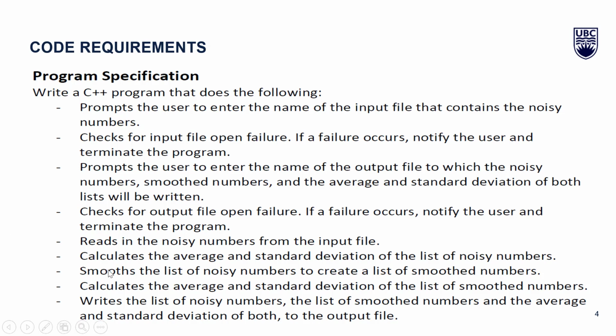Then smooth the list of noisy numbers to create a list of smoothed numbers. And after that, again, calculate the average and the standard deviation of the list of smoothed numbers. And at the end, write the list of noisy numbers and the list of smoothed numbers and the average and the standard deviation of both to the output file.